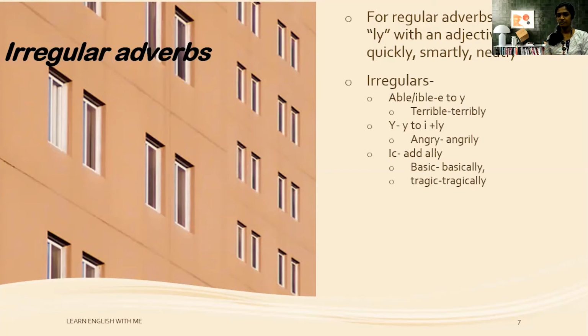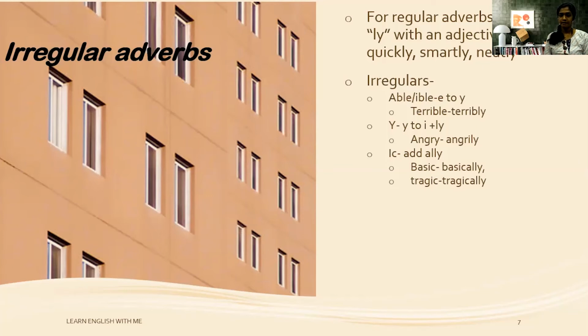But the pattern changes for irregular adverbs. So there are a few restrictions, a few rules on how to change them. If the adjective is ending with able or ible, you have to change the letter e to y. Like terrible, terribly.